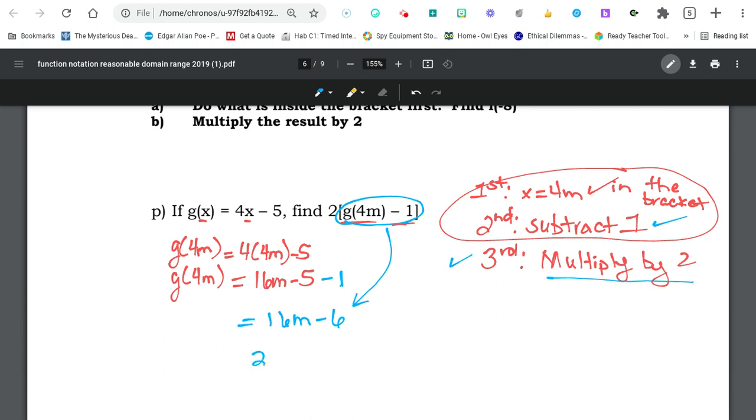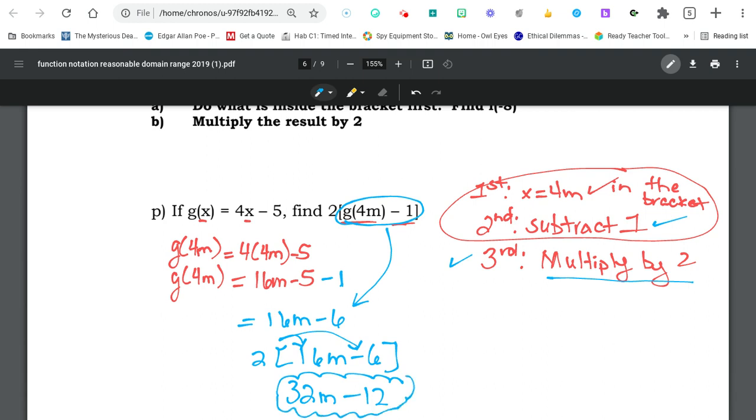Okay, so 2 times 16m minus 6. And you can use parentheses if you want to. You don't have to use the bracket. I'm just going to put the bracket back because that's what we started with. So 2 times 16m is 32m. And 2 times negative 6 is negative 12. So my final answer is 32m minus 12.